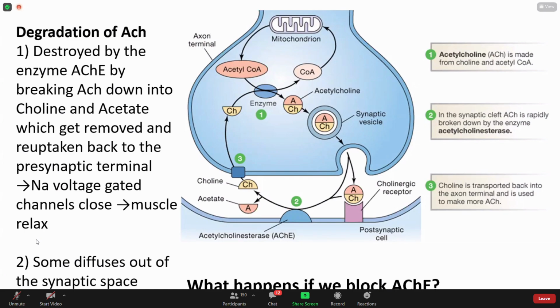I won't go into much detail about the cycle of the neurotransmitters because, as I said, you will learn more in the next lectures.